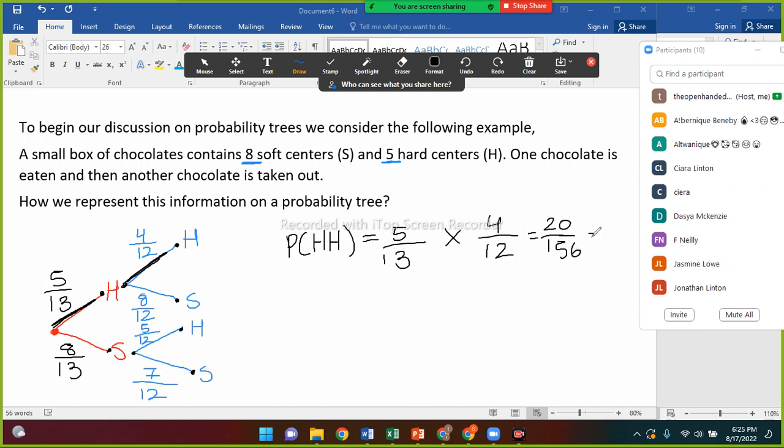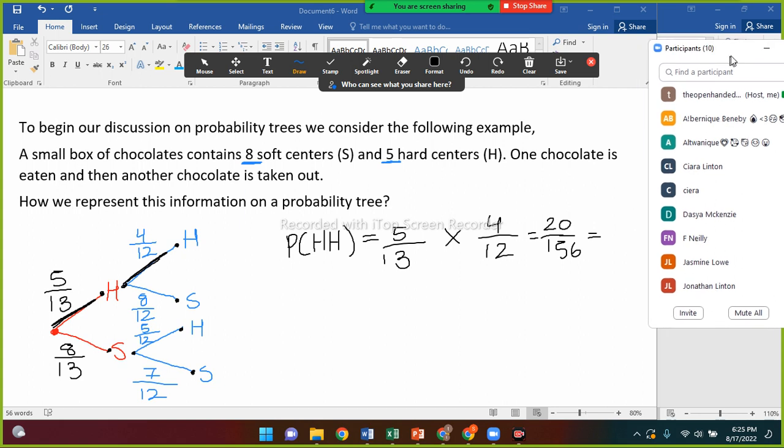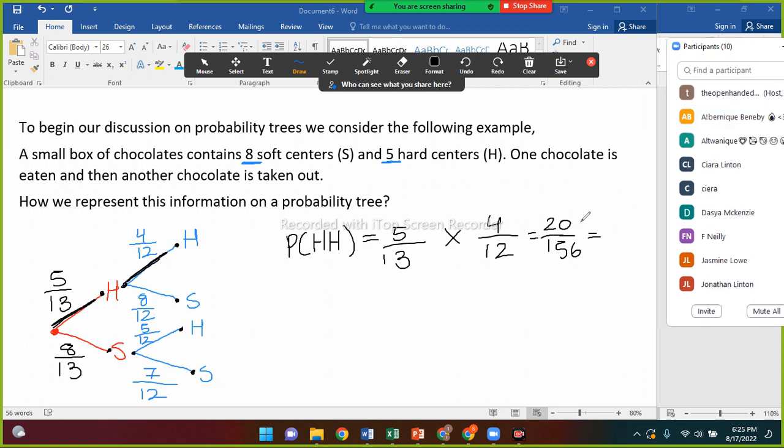And if we reduce it, you could use multiple things. You could use 2 if you want to reduce it. You could use 4. Yeah, so let's use 4.